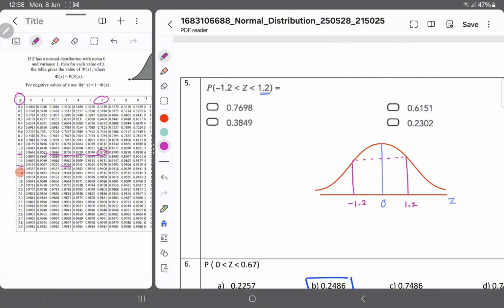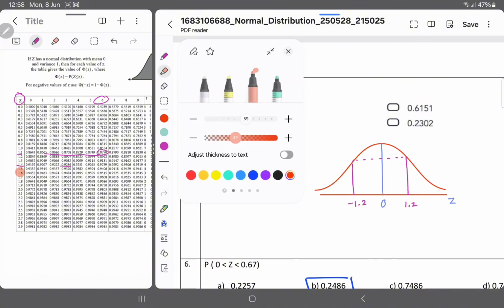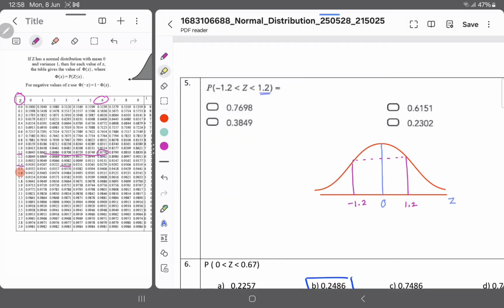Now we just use a table if and only if the value of Z is positive and the area is on the left. Keep that in mind. All of us know the area below 0 is equal to 0.5.